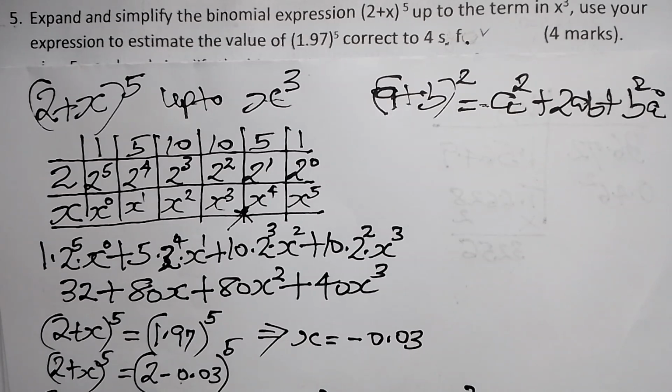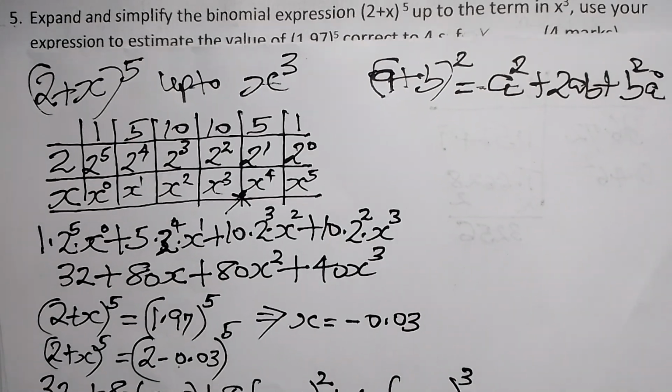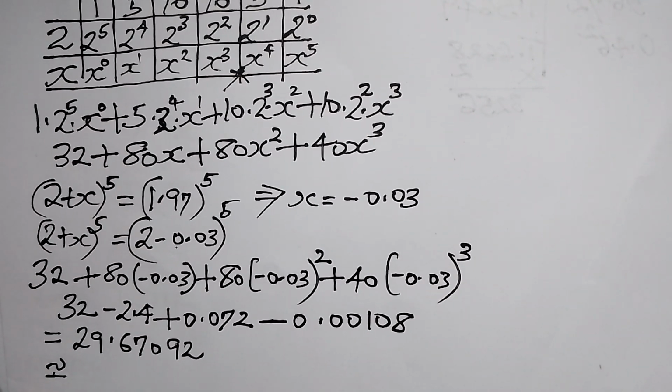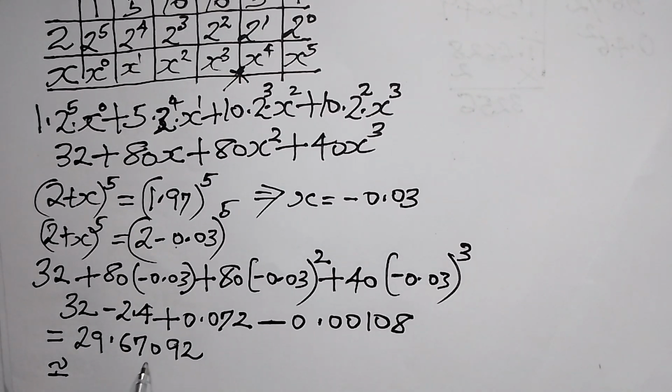So giving it correct to 4 significant figures, the fifth digit from 29 is a 0, which is less than 5, so we cannot round up, and we shall give our answer as 29.67.